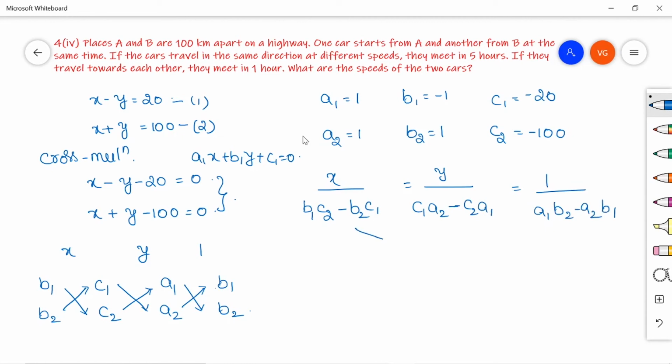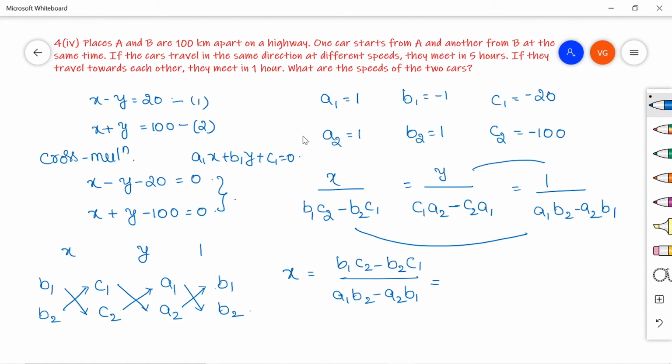So comparing the ratios here, I'll get x is equal to b1c2 minus b2c1 divided by a1b2 minus a2b1. As we have already written all the constants, that's why I'm writing here so that we can easily substitute without any confusion.